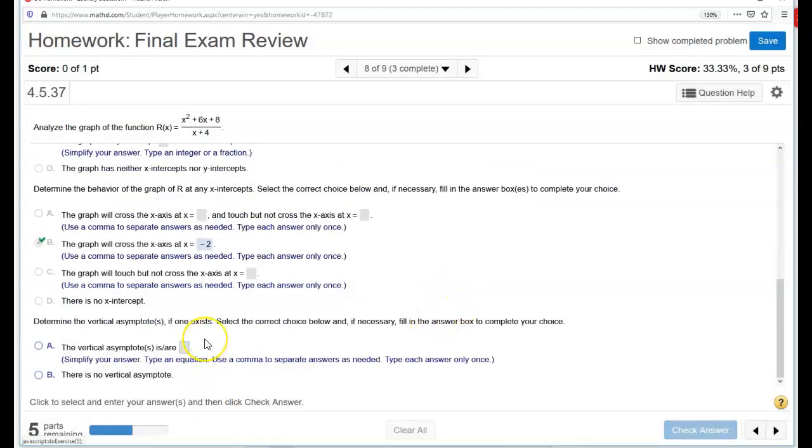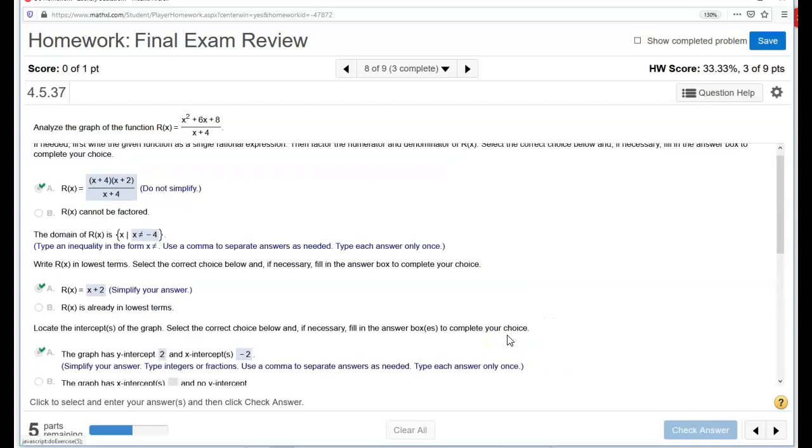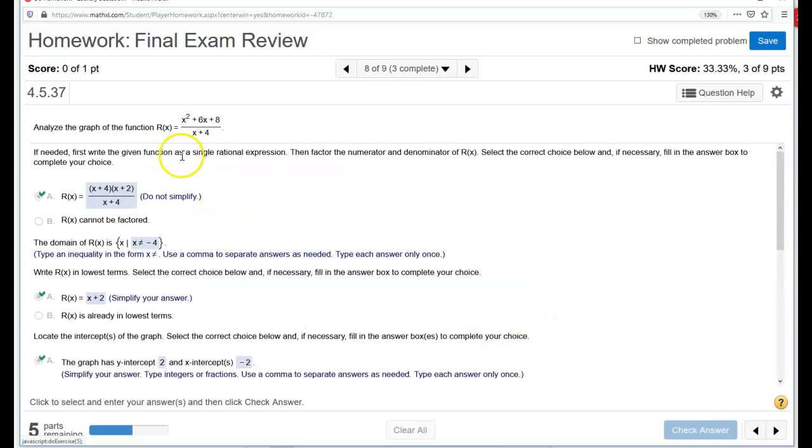All right, determine the vertical asymptotes if one exists. Select the correct choice below, and if necessary, fill in the answer box to complete your choice. So it might be very tempting to say that we have a vertical asymptote at -4, because that makes this denominator equal to 0. What we have to remember is that if we put a -4 in this function, we're going to end up getting 0 over 0, which is an indeterminate form, which very often means that we can factor something out.